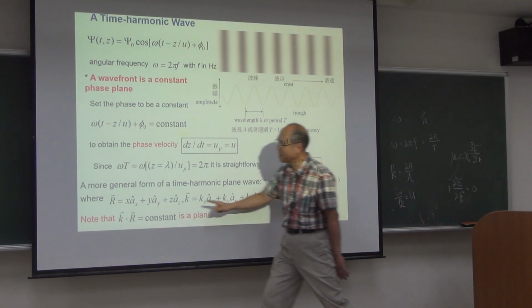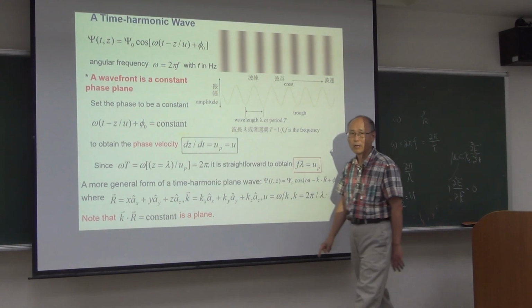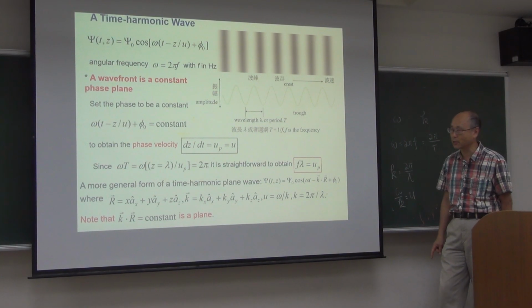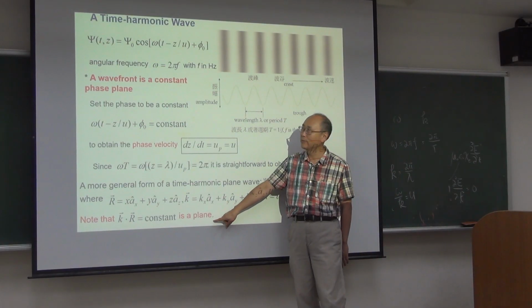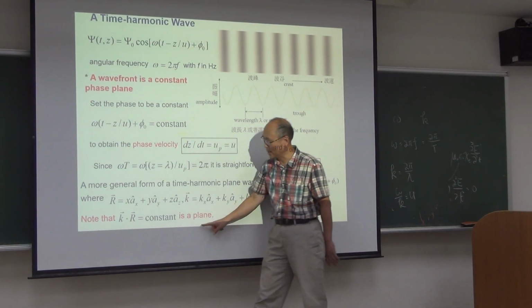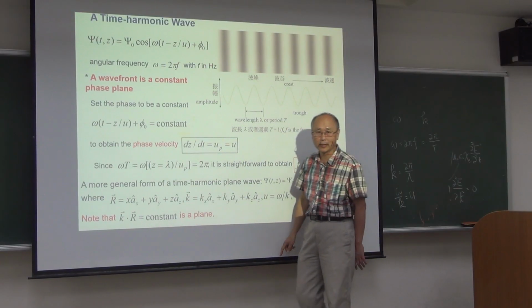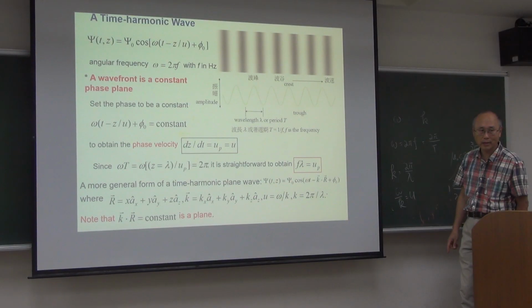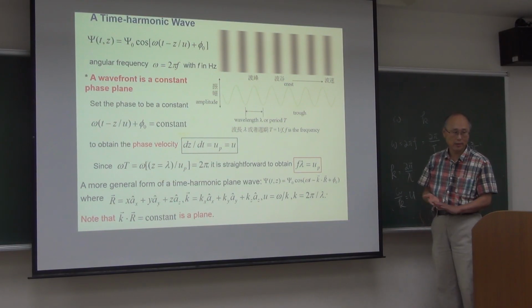And if you start with this r, a position vector, and set k dot r to be a constant, then it is going to define a plane for your wavefront. From the geometry that you learned in high school, k dot r equal to constant defines a plane that is away from the origin in space. Okay, and that is why we call this a plane wave.